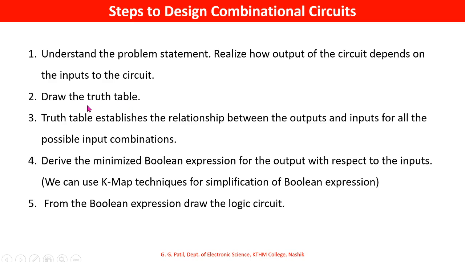Once the truth table is prepared, we have to derive a minimized expression for the output with respect to inputs. For minimization of Boolean expression, we use K-map techniques. By using these simplification techniques, we can reduce the number of terms in the output expression so that the complexity of the circuit gets reduced.